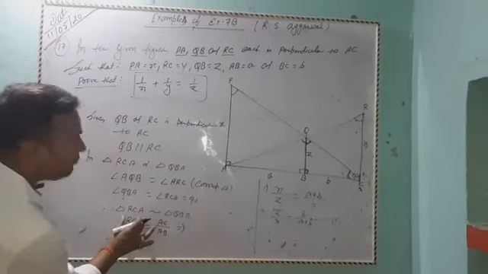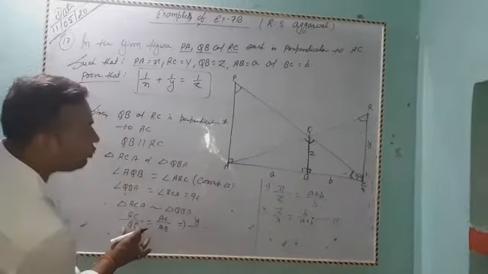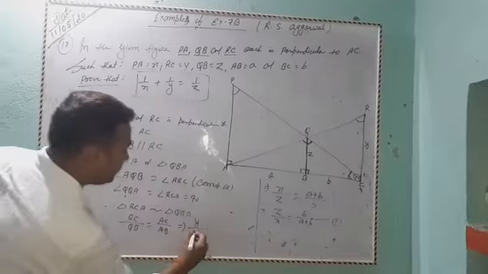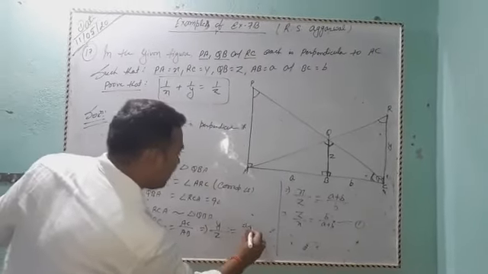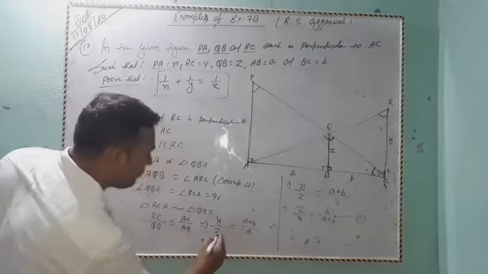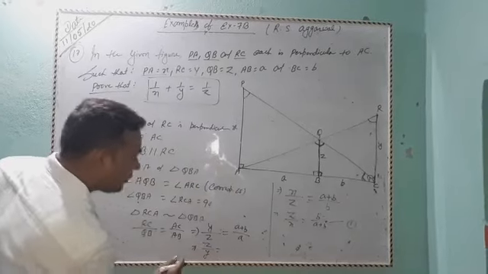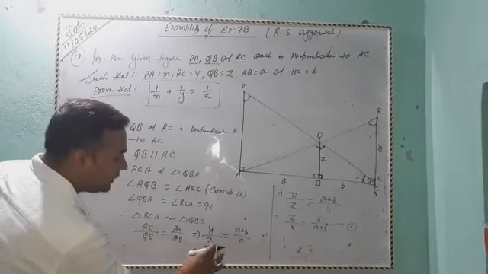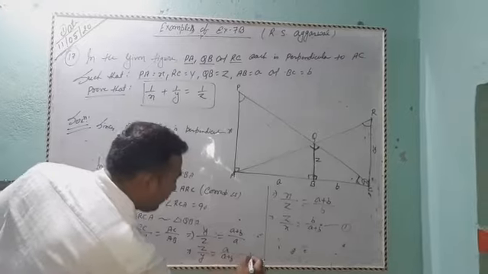So RC by QB equals Z by ... equals AC equals A plus B by A. Taking the inverse of both sides, Z by ... equals A by A plus B, equation 2.